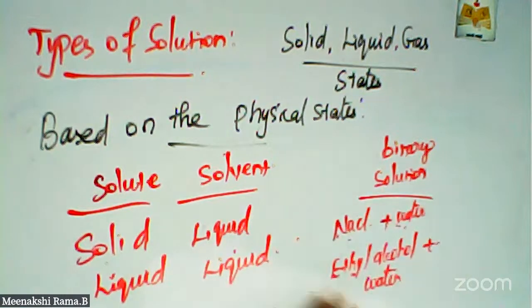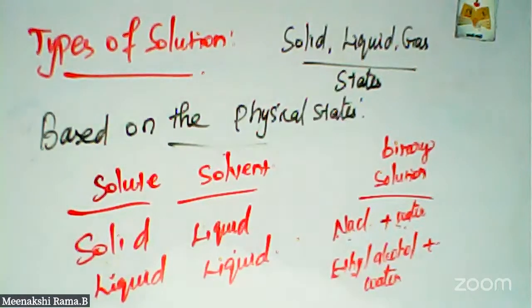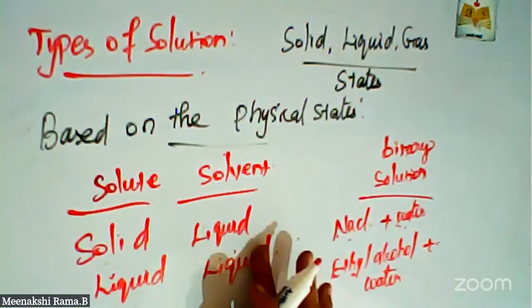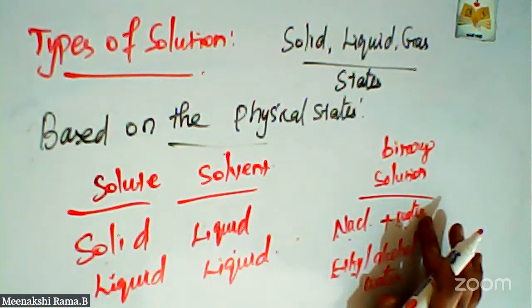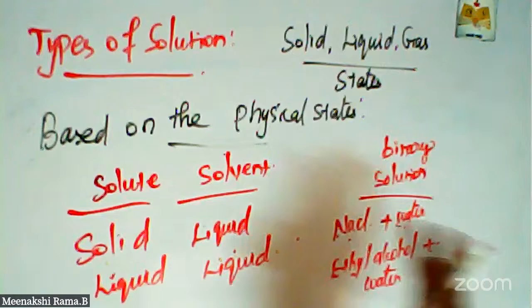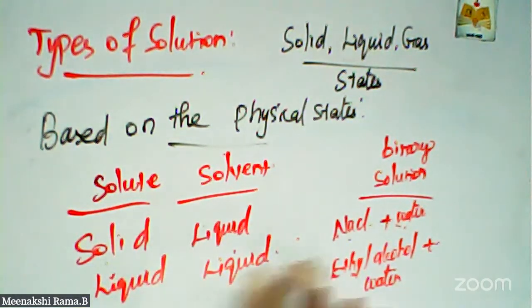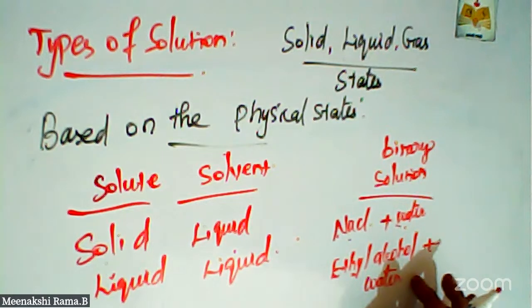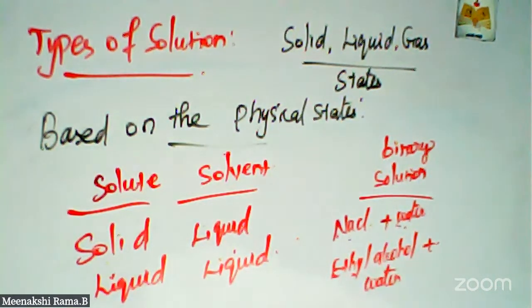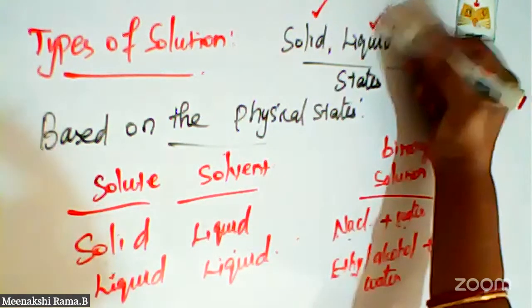So this solution is the example of a liquid mixture. Solid liquid mixture means NaCl and water. NaCl water solution is the example of solid and liquid solution. Liquid mixture means ethyl alcohol and water. This ethyl alcohol is completely dissolved into water. So solid is over and then liquid is over.